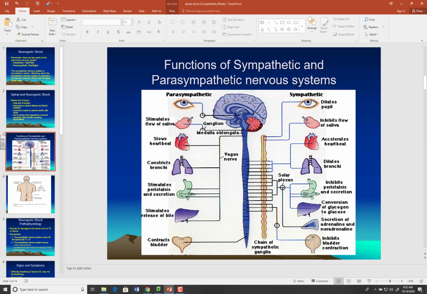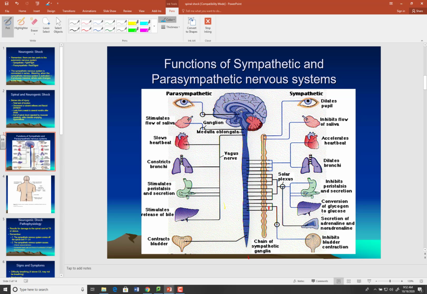Now, the reason it's called parasympathetic nervous system, para means around. So if we look, the sympathetic nervous system right here begins at typically T1 or T2 and goes to L2 or L3, sometimes L4 depending.